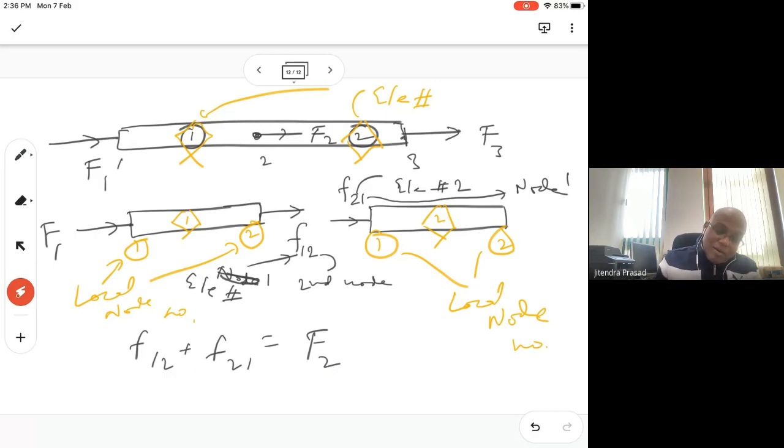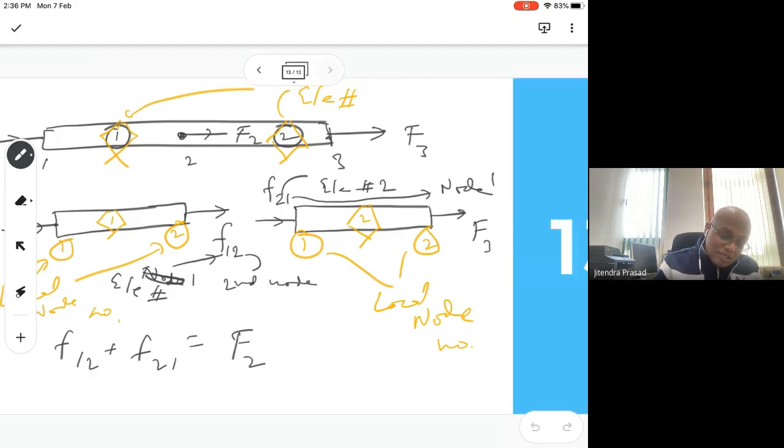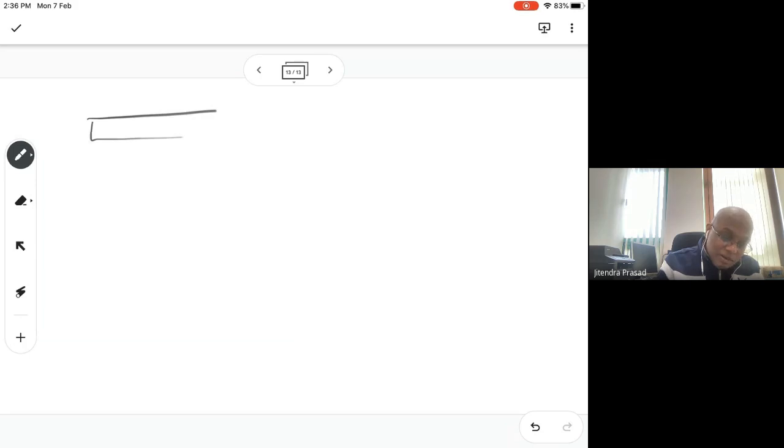Now it's easy to see this F3. Now we will formulate. You have this problem, the element number 1, and we have F1 here and F12, right? And we have EA, let us say both are constant. Then we know the equation for this.